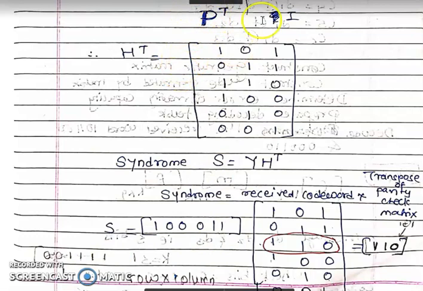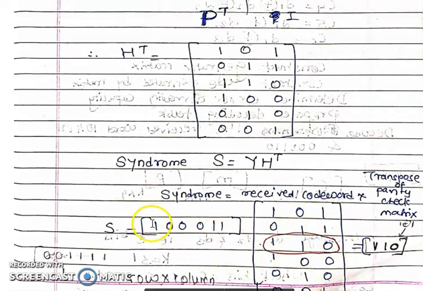Simply convert rows into columns. So here S is equal to the given Y, that is the received code word, which is given in the numerical, into H transpose from the above equation. Then you simply multiply this row with the first column, this same row with the second column, then the same row with the third column. I will show you.